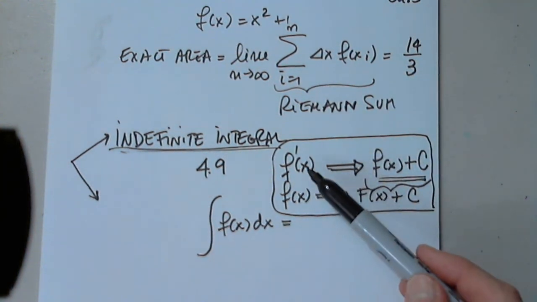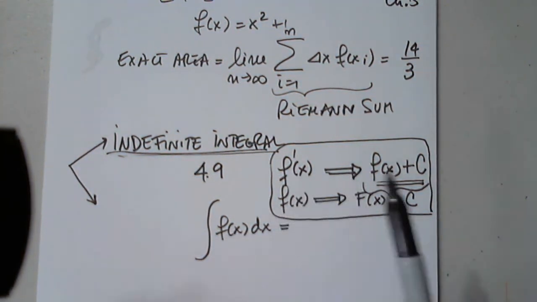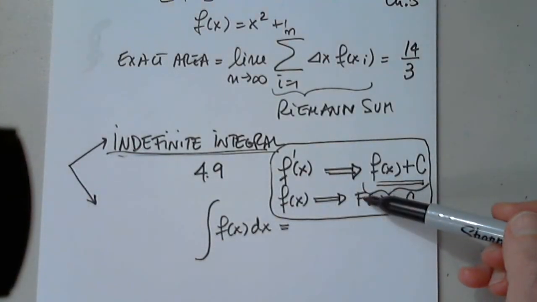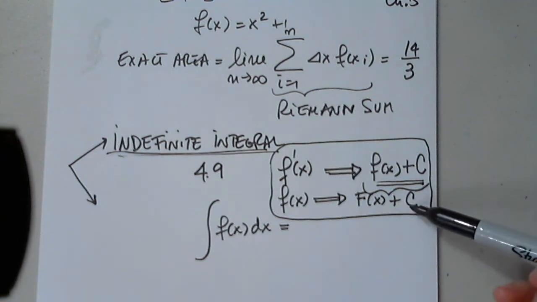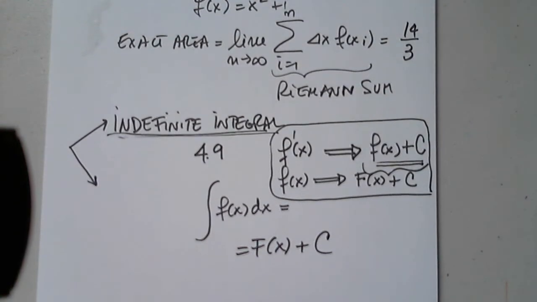Well, the big deal is that if this is given to us as a function, because even the derivative is a function, we are going to use the uppercase F for the antiderivative plus a constant c. So uppercase F plus a constant c. And this is the indefinite integral.